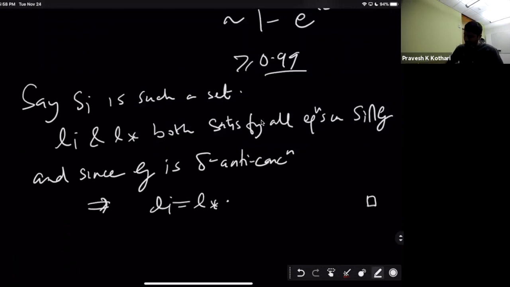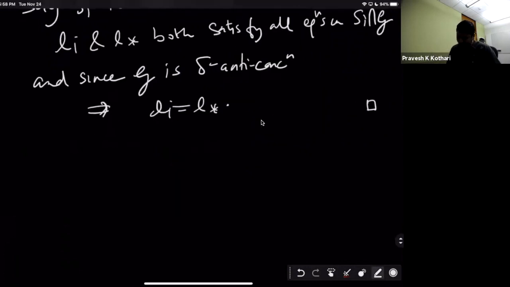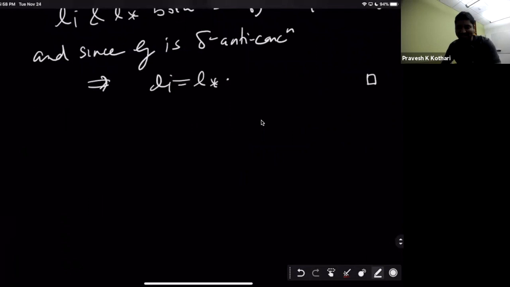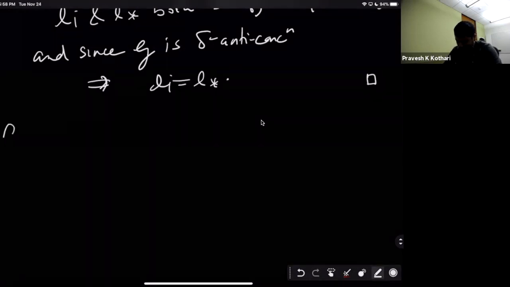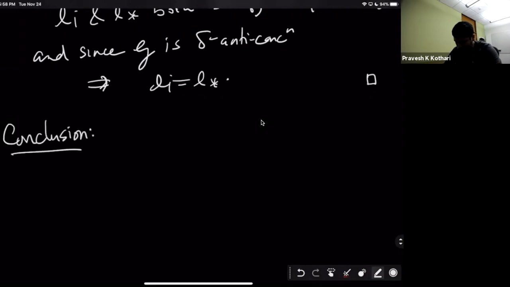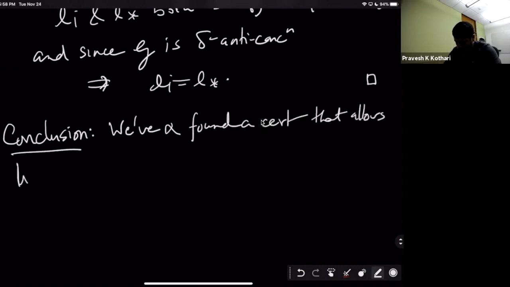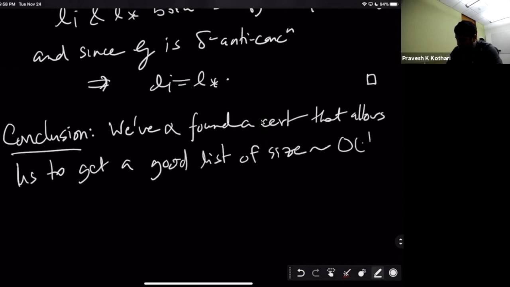Okay, let me stop here and make a claim and then take a break. So what have we done? We've actually done nothing about algorithms yet. We've worked very hard to show that we found a certificate. So, conclusion: we found a certificate that allows us to get a good list of size about O(1/alpha) whenever G is, let's say, alpha by 2 anti-concentrated.